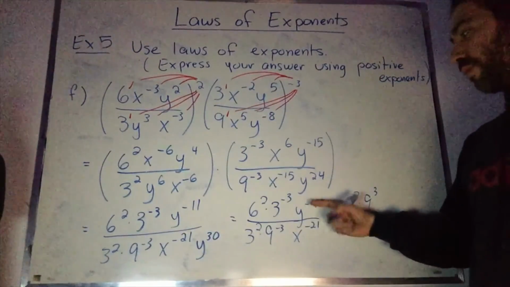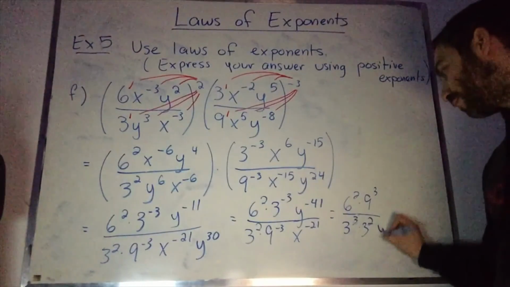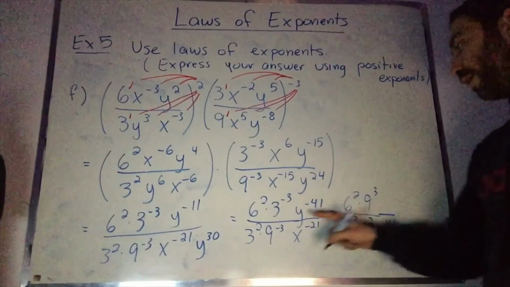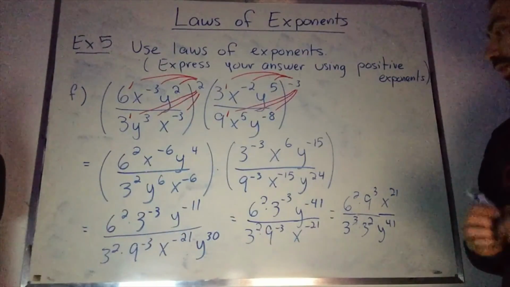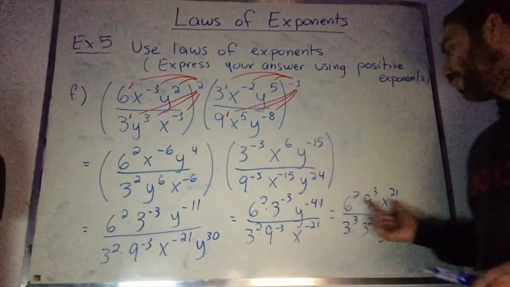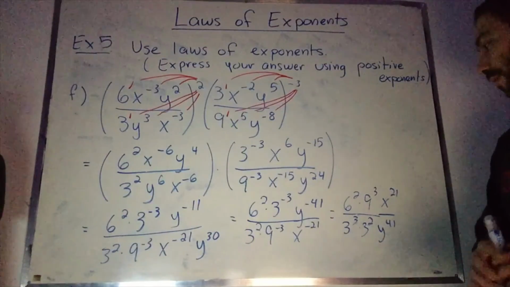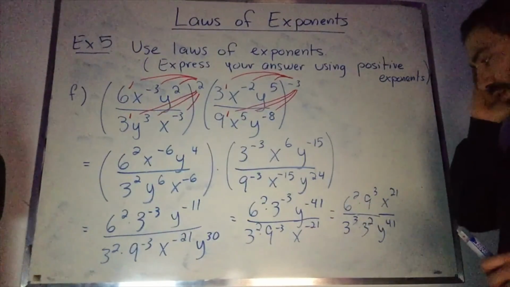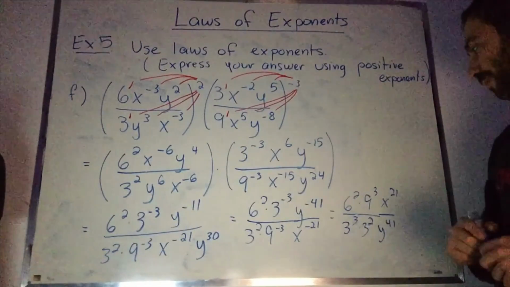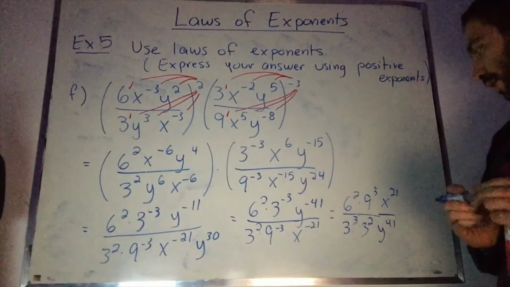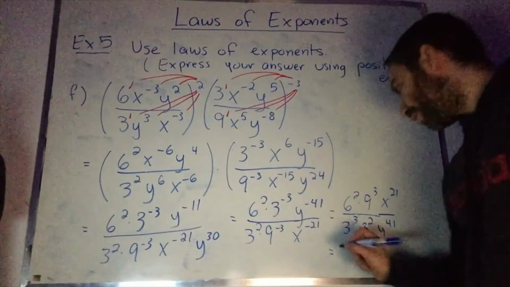Y to the negative 41 is on top, so we bring him down and the exponent switches to a positive 41. And on top, the x becomes 21. So the x is negative on the bottom, we brought him up, and now he's positive. Okay. And now we just have to simplify the numbers here. These ones here are very large. Let's use a calculator.